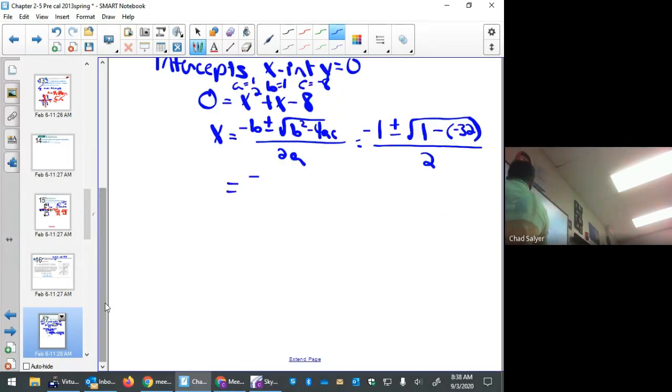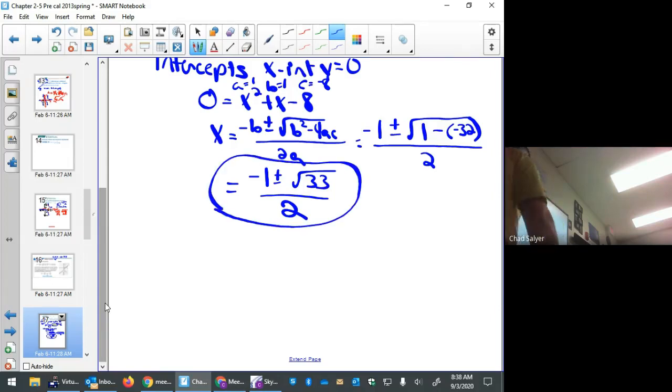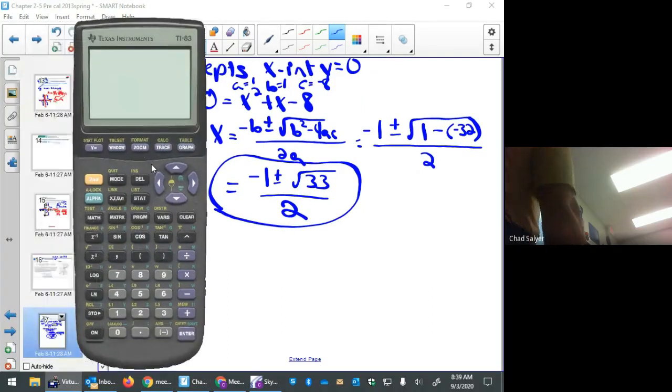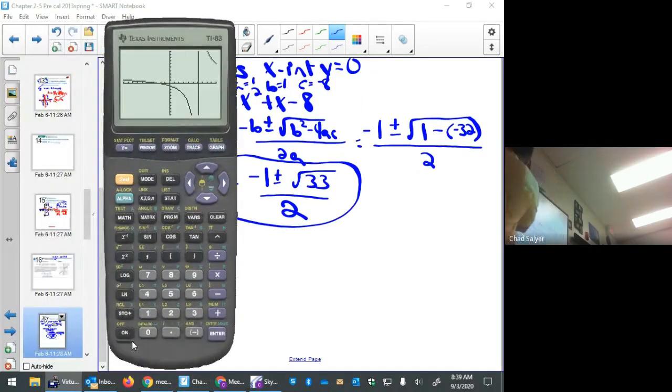All right, so negative 1 plus or minus the square root of positive 33 over 2. So these are our two x-intercepts. We're going to estimate those with a decimal here. So negative 1 plus the square root of 33, and then divided by 2.